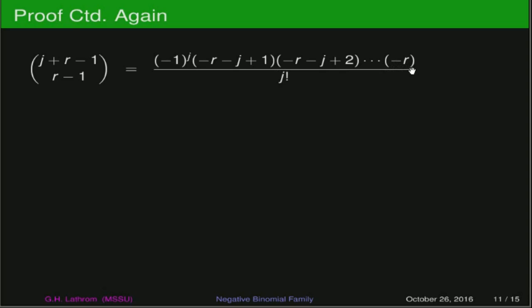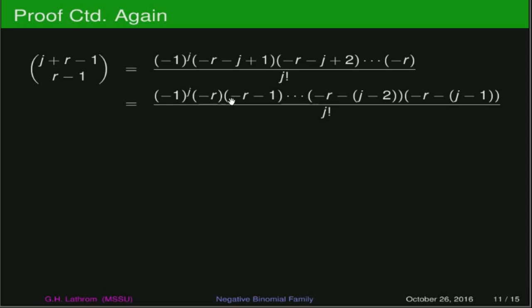And so if we factor out the negative from the j plus 1, the negative from the j plus 2, we get an expression that looks like minus r minus j minus 1, minus r minus j minus 2, minus r minus j minus 3, all the way down to minus r minus 1, and then finally minus r. Well, now that is something that does match what our generalized binomial coefficients look like. It ends up being minus 1 to the jth power times minus r choose j.